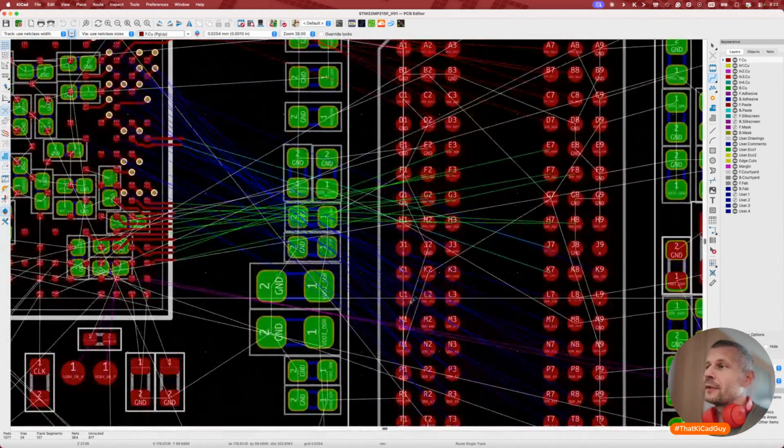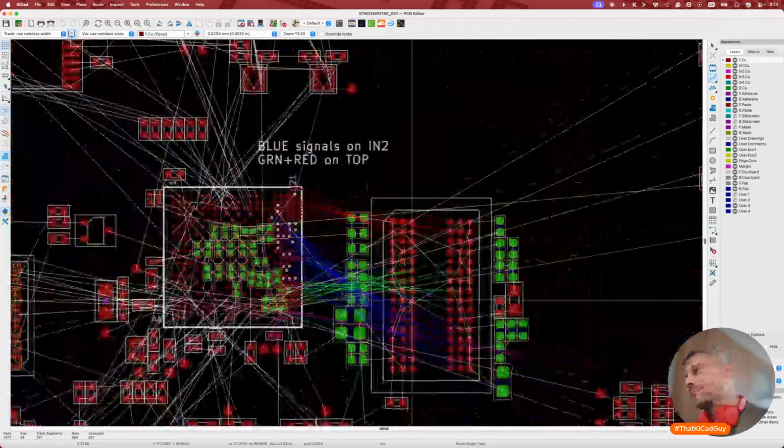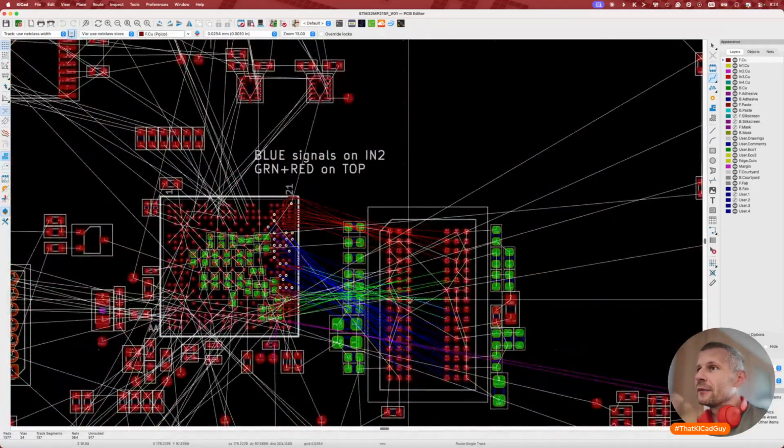And we know that all the blue signals, the blue nets, as in the application note of the DDR memory routing for the MPU module, say that the blue signals are to be connected on the inner two layers. It means that all these signals must have vias near the pads, ideally near the pads.